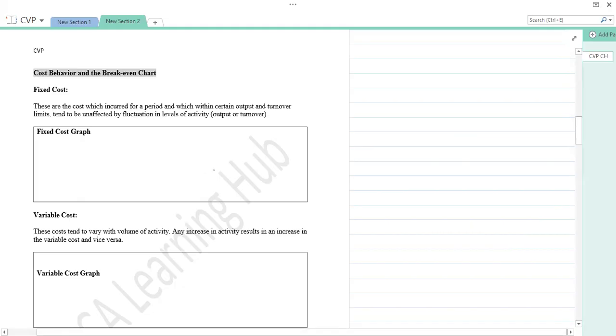If we draw the graph of the fixed cost, we will take the point of origin, x-axis, y-axis. Keep in mind, on the x-axis, we will always take the independent factor. Independent factor is a factor which brings changes in other factors.